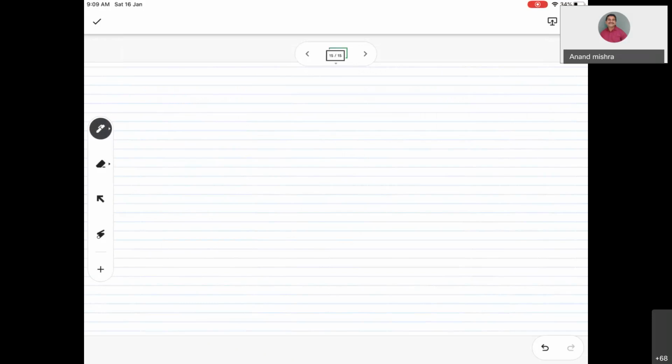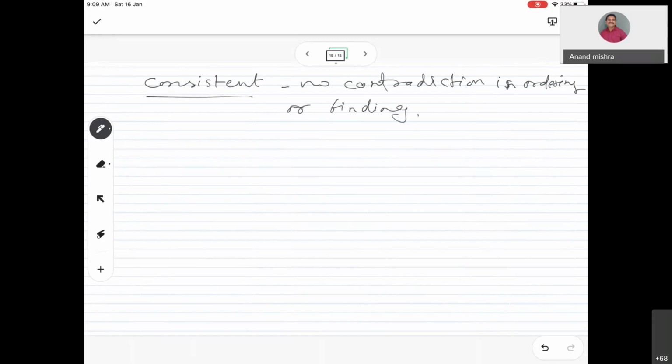Consistent means no contradiction. So what is a solution in the context of POP, or partial order planning? It is nothing but a complete and consistent plan.